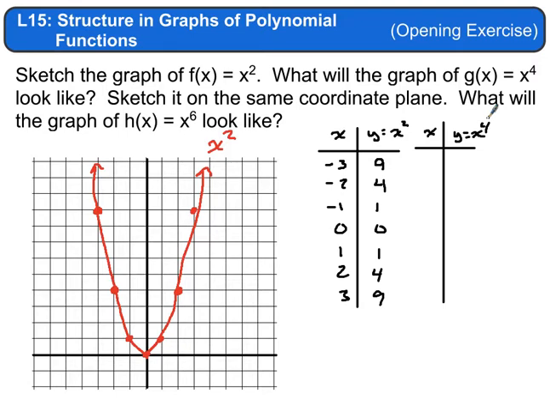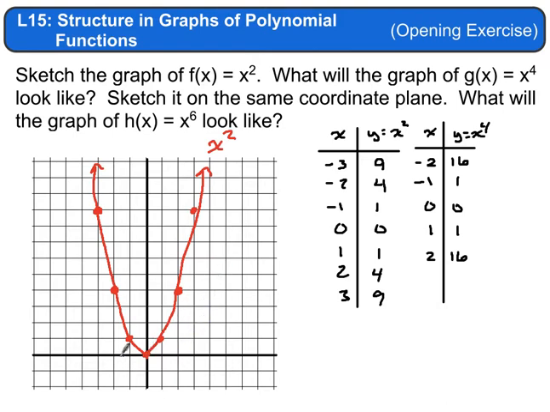So if we did x to the fourth, let's see, our numbers are going to be a little more limited. -2 and 16. If we did -1 and 1, 0 and 0, 1 and 1, and then 2 and 16. Now 2 and 16 is not going to fit on the grid, but we'll approximate.